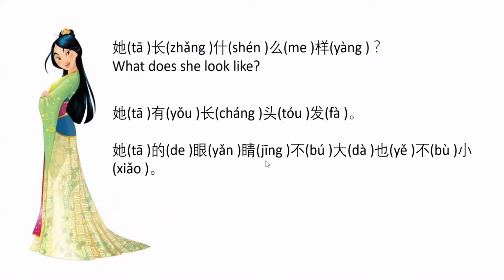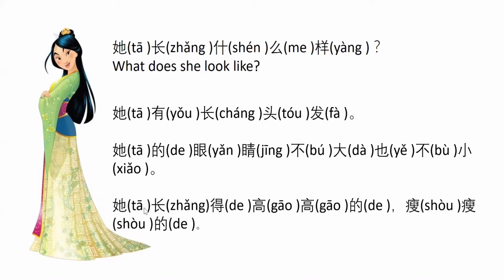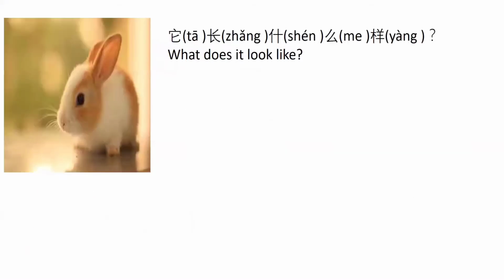So her eyes are not big, and also not small. Number 3, 她长得高高的，瘦瘦的. So she looks very tall, very thin. Again, these are the 3 sentences that use the 3 different sentence patterns.